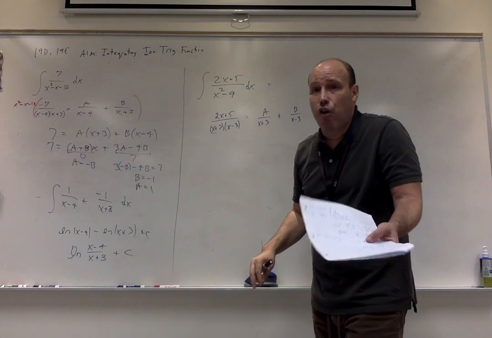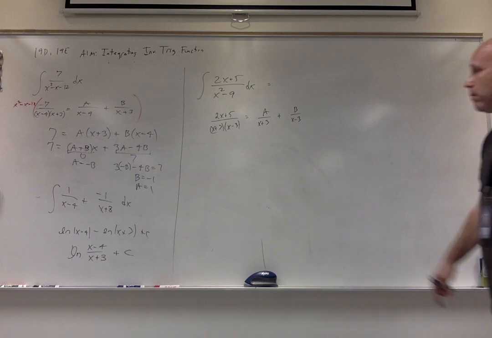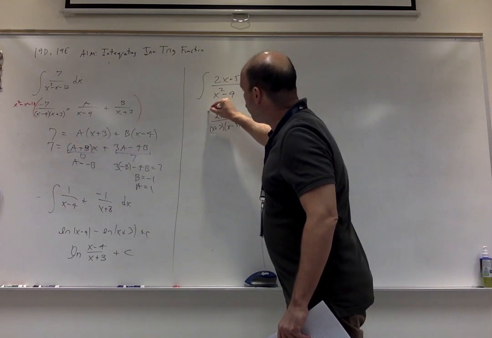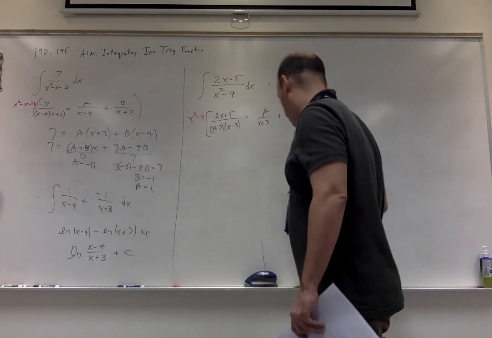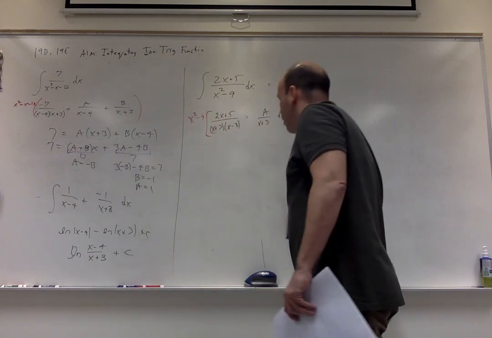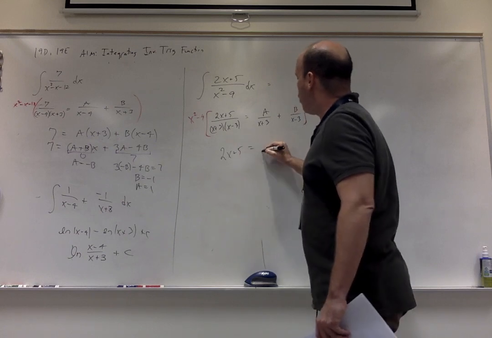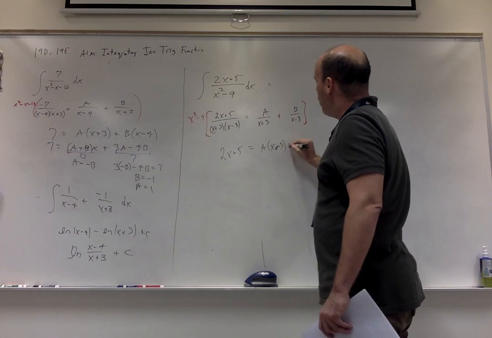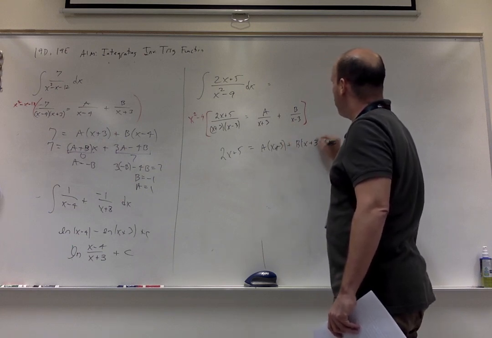You want to take a second on your own to do this? Pause it and see what happens. Okay, well, I'm going to multiply everything by x squared minus 9. Let's see what's left over. So we have 2x plus 5 is equal to a times x minus 3 plus b times x plus 3.